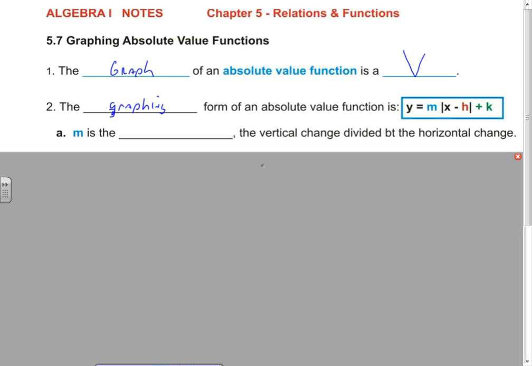Now, the m out in front, we're not going to use a whole lot today. We'll use it a lot next chapter. m is the slope. We've talked about it once already this chapter. Here's the second time. We'll develop it in full detail next chapter.